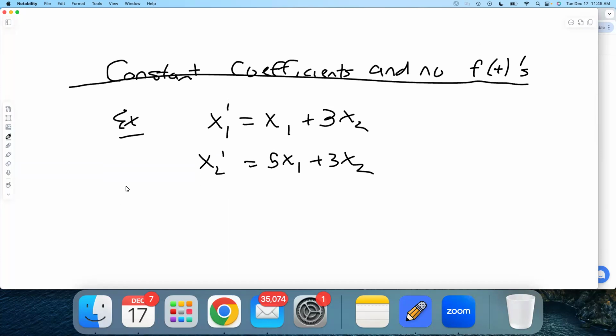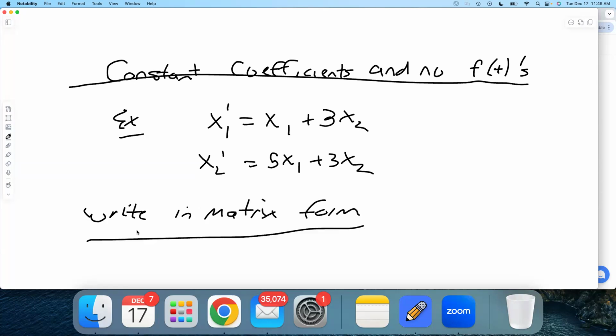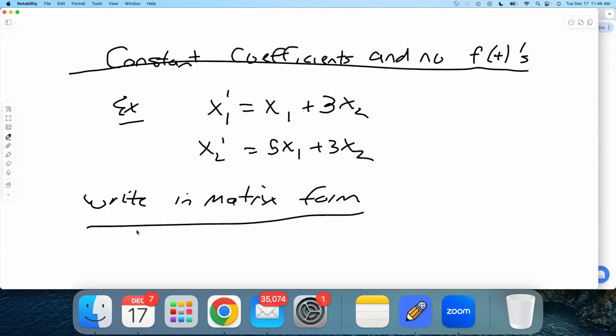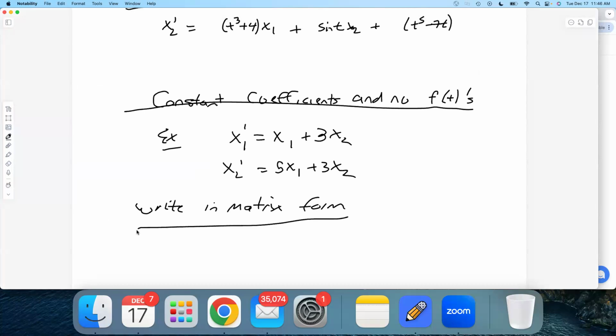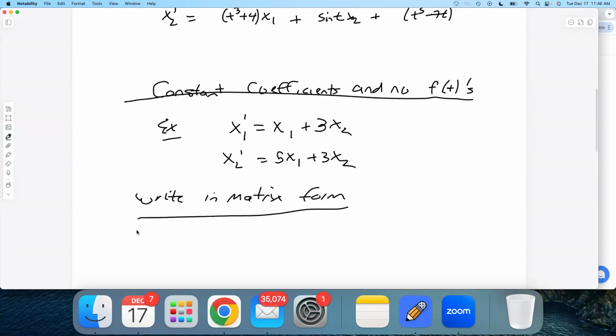Okay, so how do we do this? First, we want to write something like this in matrix form. Now, most of you have not taken a linear algebra or a matrix theory class. So a lot of the stuff we're going to talk about in the next few minutes, you're going to learn a lot more about in a linear algebra class, eigenvalues, eigenvectors, and so forth.